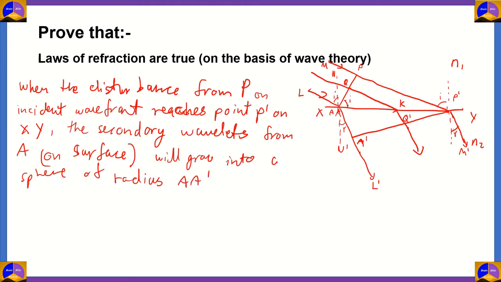So basically we will be having a sphere here. I'm just drawing one part of it, just to show the intersection at A dash.